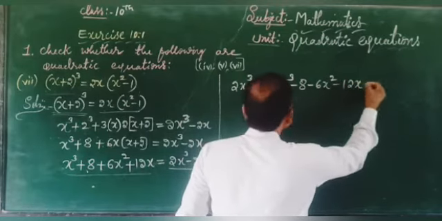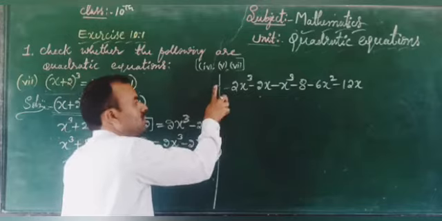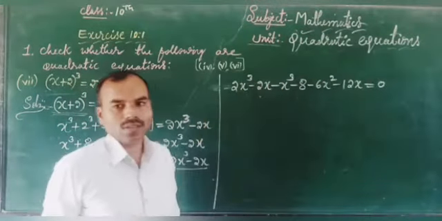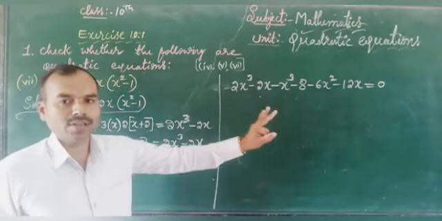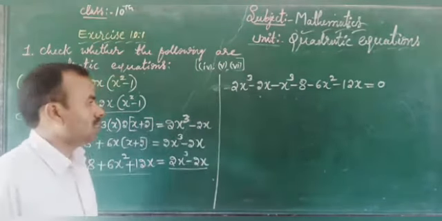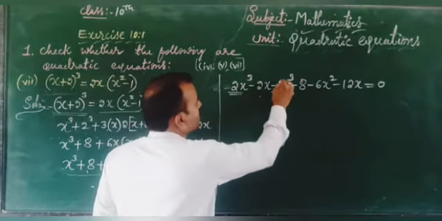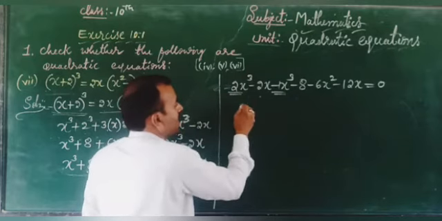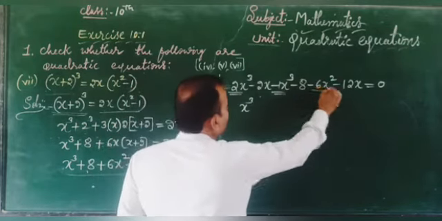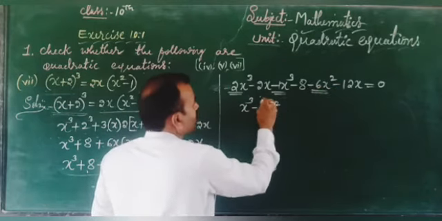RHS is 0, means LHS is 0. Better to write it in RHS. Okay, here 2x cube minus x cube, it is plus x cube. Next x square is there, so it is minus 6x square.